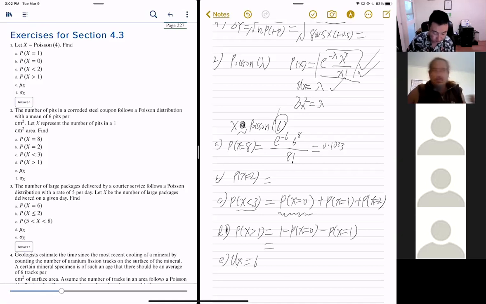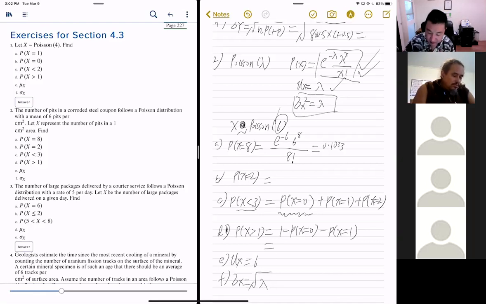So F. Yes, F is asking the standard deviation, sigma X. So sigma X is equal to square root of lambda. Don't forget, that's the variance. So sigma X squared is equal to lambda.